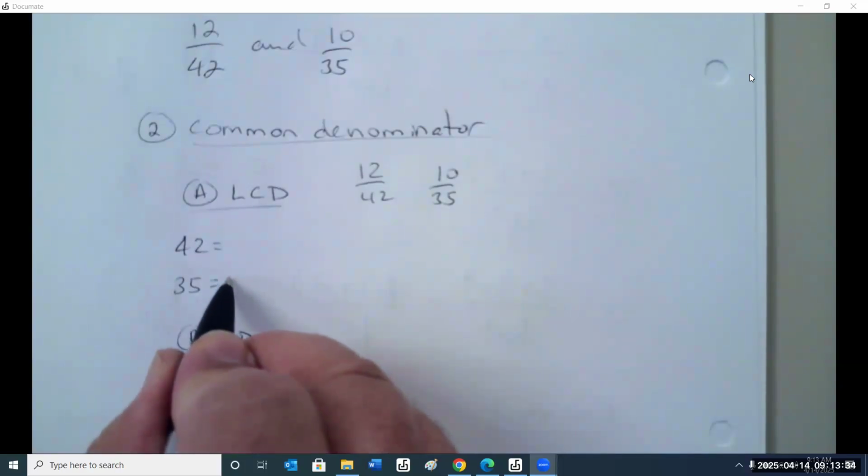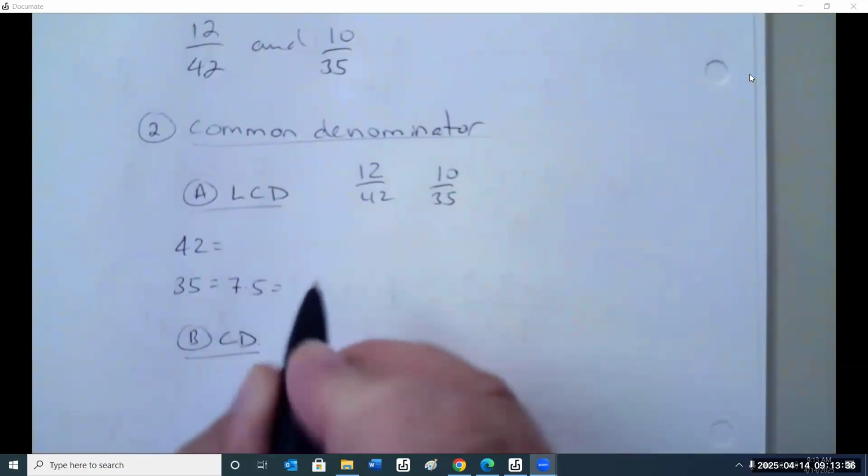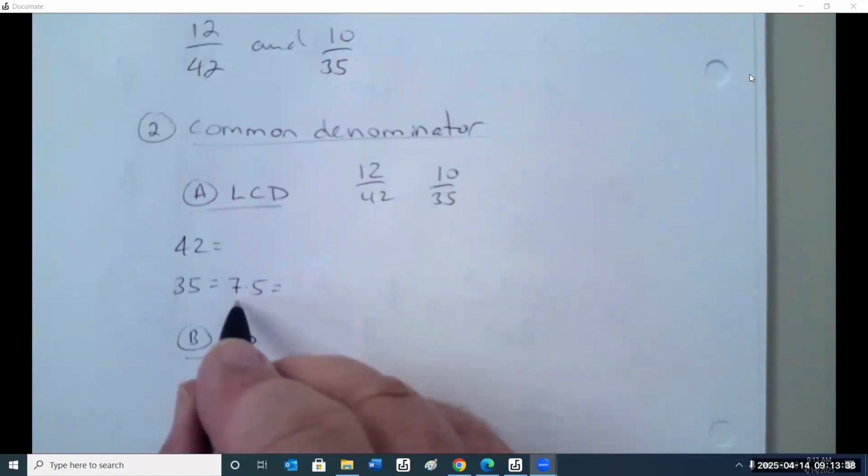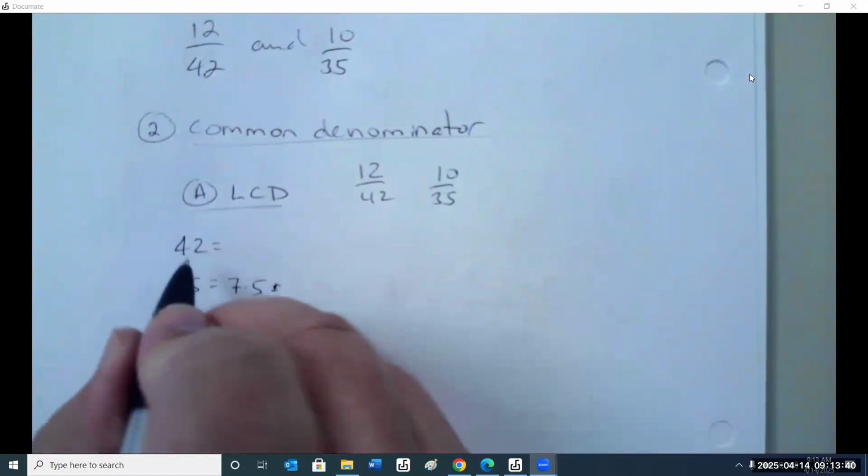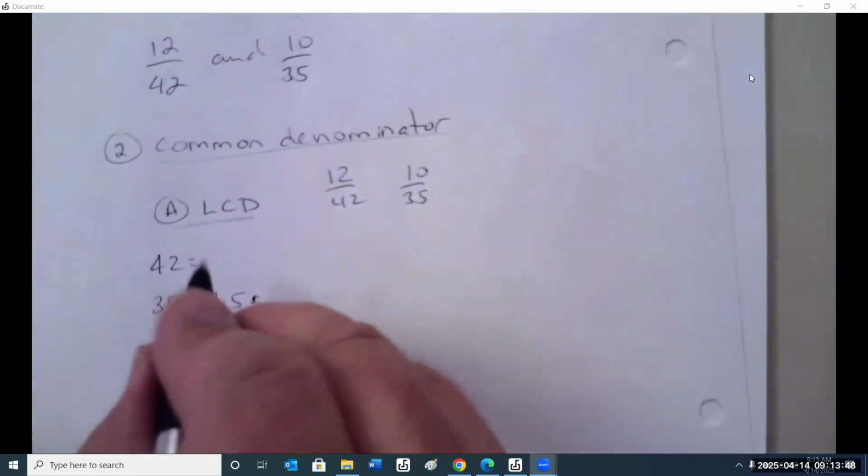35 is made up of 7 times 5. That's as far as it goes. 42 is made up of, we found those out, 2 times 3 times 7.